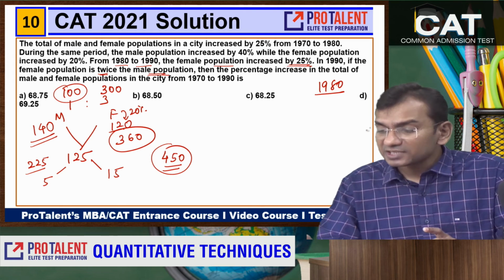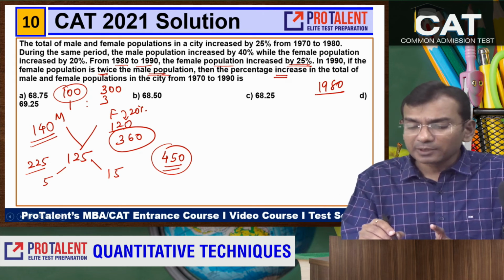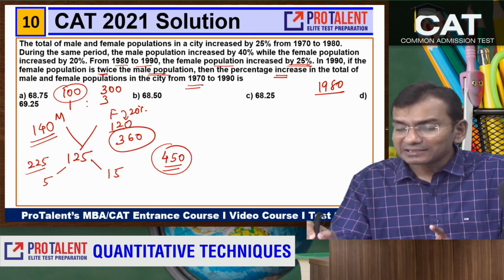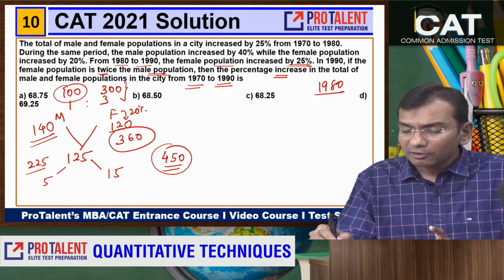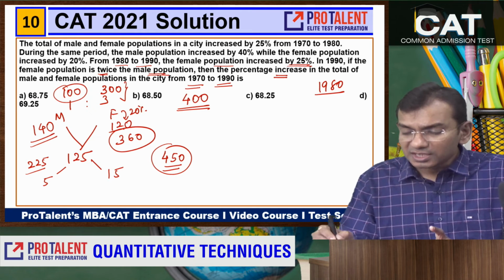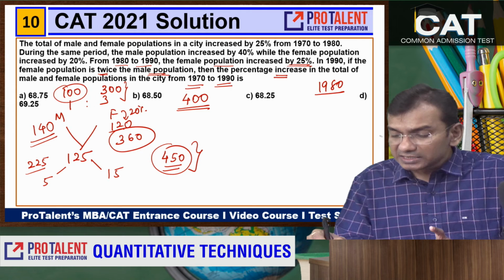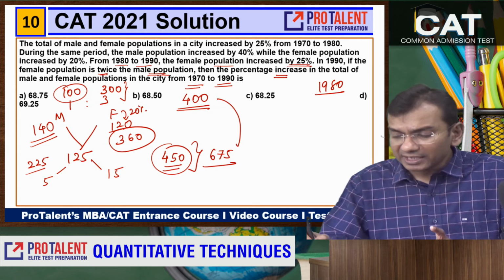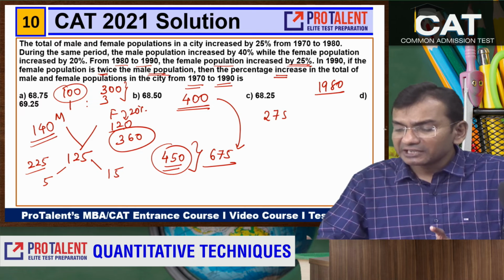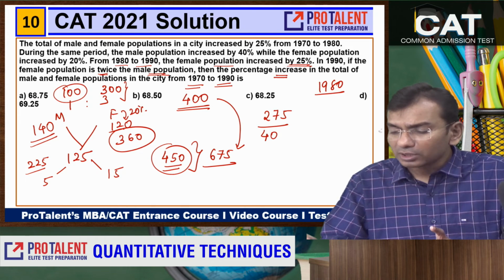Okay, then the percentage increase in the total male female population in the city from 1970 to 1990. 1970 में what was the number? 400. What is the new number? This is 675. Okay, how much increment? 275 over 400.